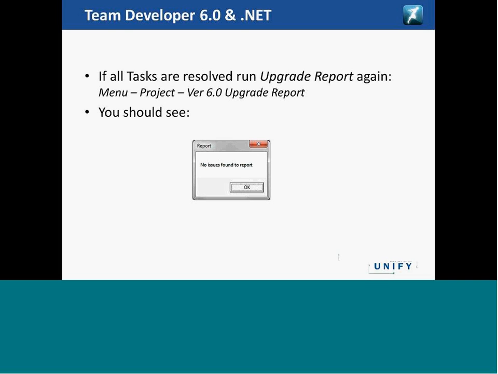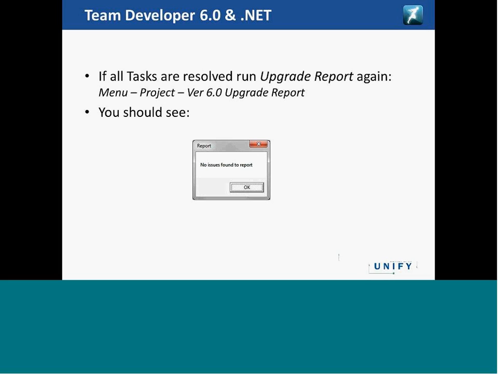And if everything is fixed, then if you run the upgrade report again in the new project, version 6 upgrade report, after a while you will see no issues found to report. At this point, you are able to compile to .NET. This is the time when the compiler really runs without any problems, without any errors. Later on, I will try to make it more clear.